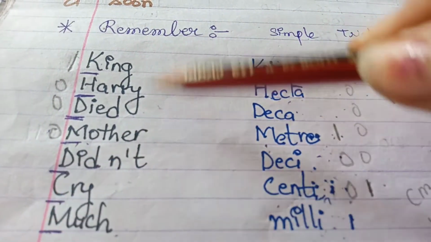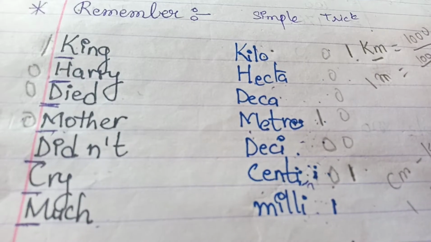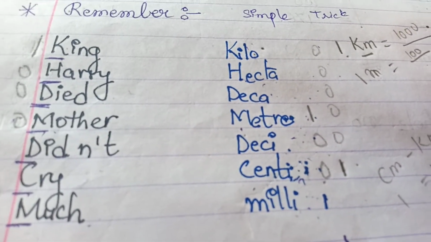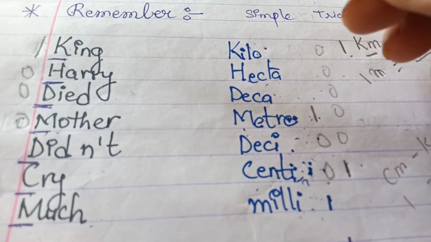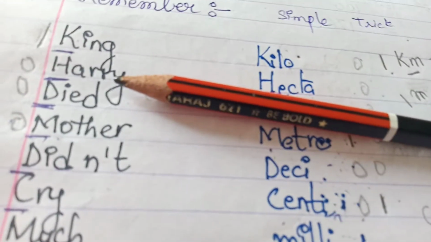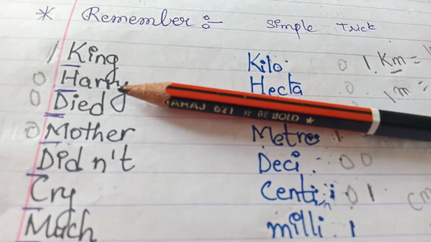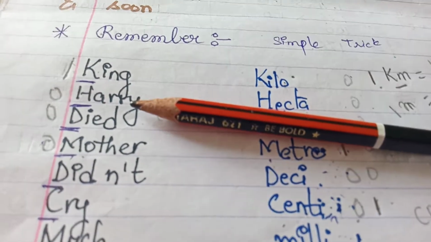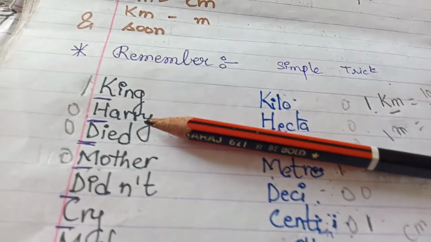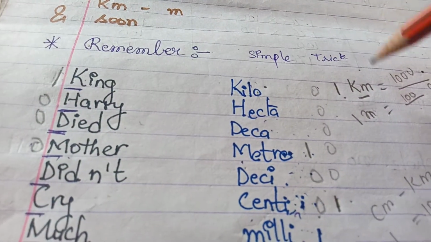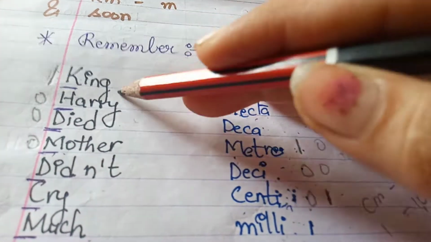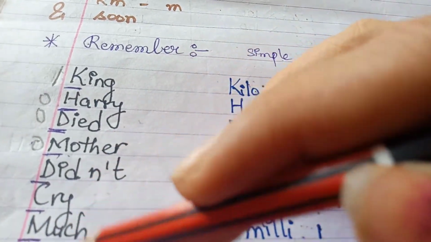This is the proverb. Like in science, to learn the 8 planets, we say 'my very efficient mother'. In the same way, this is for maths to learn this conversion. King Harry died, mother didn't cry much.